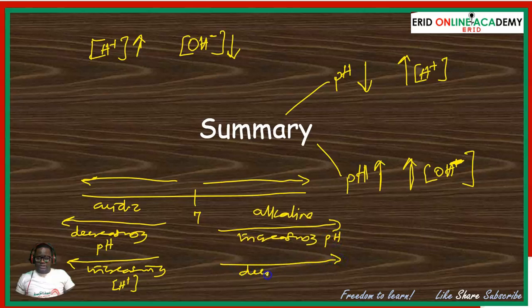A decreasing hydrogen ion concentration, and an increasing what? Hydroxide ion concentration. So that is the summary of pH scale and the use of indicator.